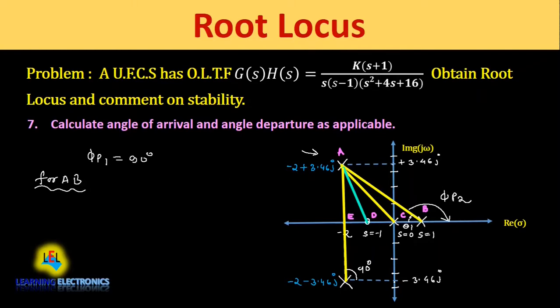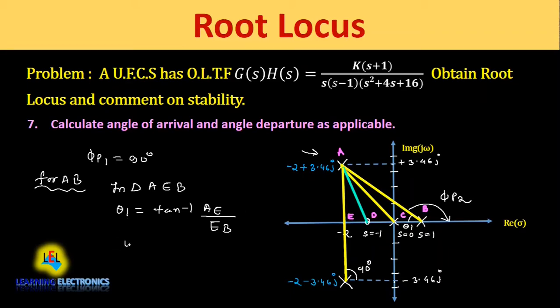Okay, so first we will find out theta1. So we will take triangle AEB. In triangle AEB, theta1 will be equal to tan inverse of opposite upon base. Opposite is AE divided by base EB. AE, we will take only the magnitude, is equal to plus 3.46.